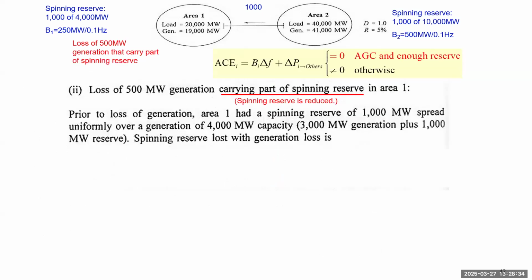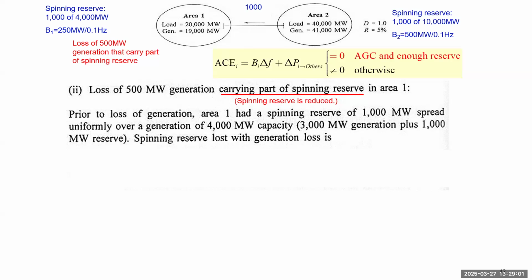So next question. Now if we lose 500 megawatt generation, that carries part of the spinning reserve in area 1. We don't know more detail, but we know originally there's a 4,000 megawatt capacity, evenly carrying 1,000 megawatt spinning reserve.